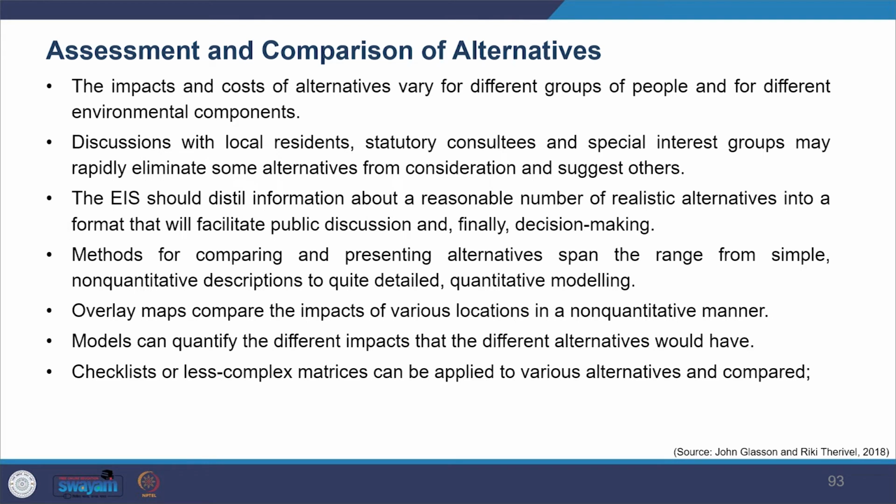How do we really compare and assess the alternatives? The impact and cost of alternatives also varies with different groups of people and different environmental components. When you have a consultative process, many of the alternatives will go out from the process itself. They would not be included, so that would save your time.